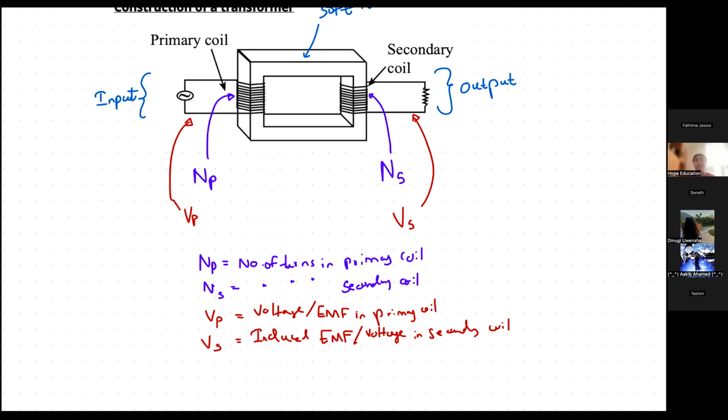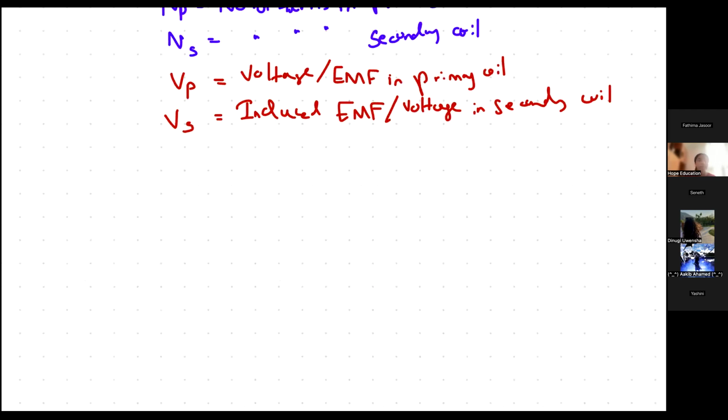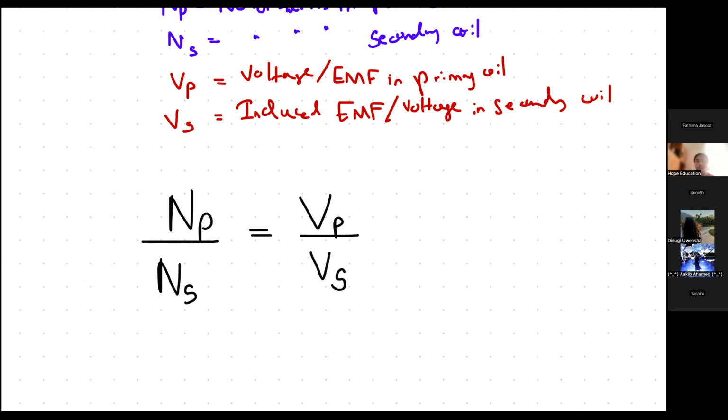So, there is a certain relationship between these terms, right? When you divide the number of turns in the primary coil by the number of turns in the secondary coil, that ratio is equal to the voltage of the primary coil divided by the induced voltage or induced electromotive force in the secondary coil.